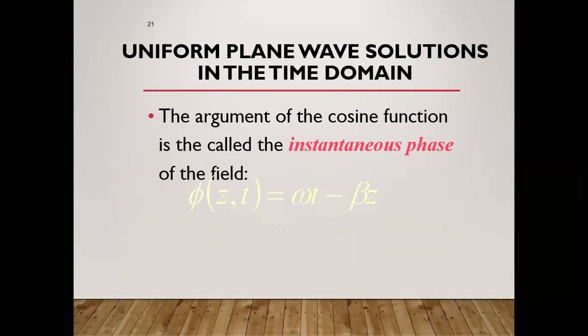We can find this angle because of the z value, because z is the vertical, and that plays a major role. Even though the electric and magnetic fields propagate in x and y, the remaining part is z. That's why z plays a major role, and with respect to the time period, we have calculated the instantaneous phase angle phi with respect to z and t.